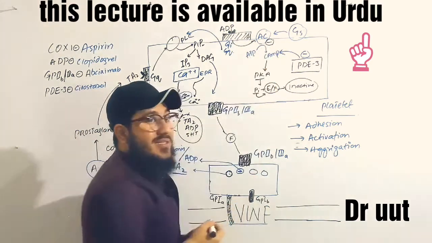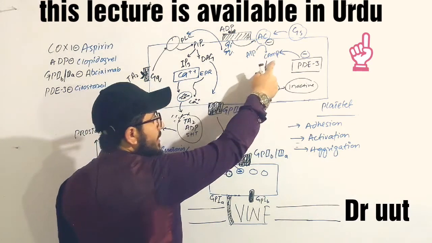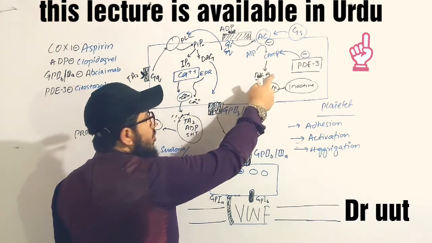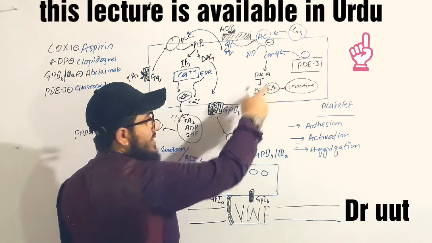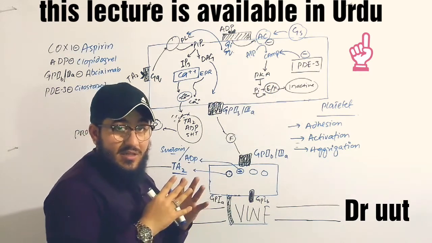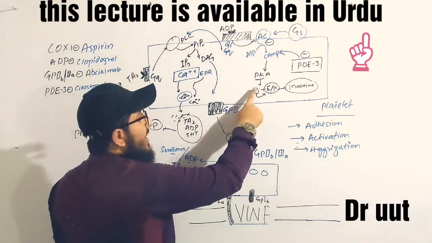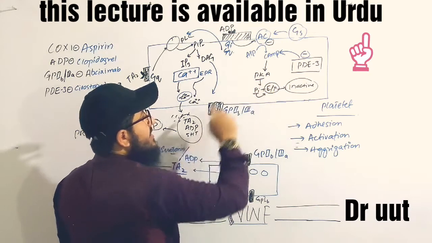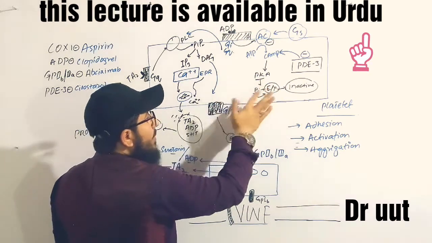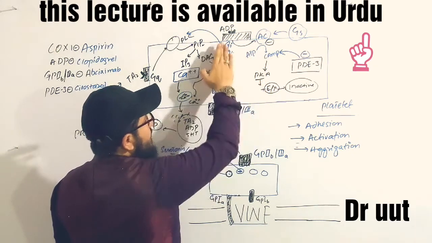So when adenylyl cyclase is inhibited, ATP is not converted to cyclic AMP, and cyclic AMP is not going to act on protein kinase A. So protein kinase A is not activated. Their job was to add the phosphate to these proteins, these enzymes. So now phosphate is not available because the path is stopped by means of GI.